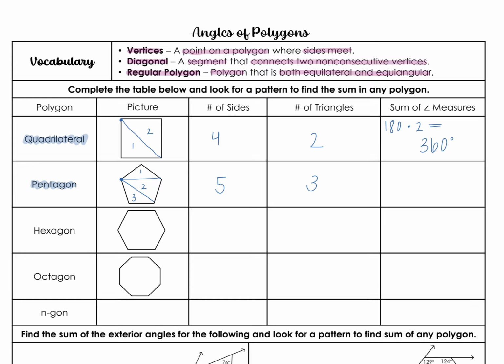And so to find the sum of the angle measures, I'm going to multiply 180 degrees by 3. And that is going to give me 540 degrees. Okay, then moving into our hexagon.